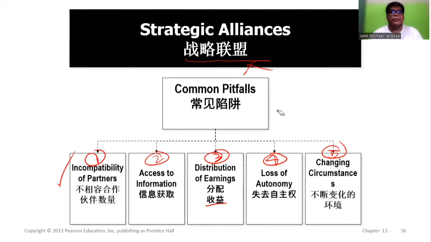That is a possible scenario. And number 5 is changing circumstances. Maybe the strategic alliance is no longer up to date, or there are many competitors that are capturing the market share.